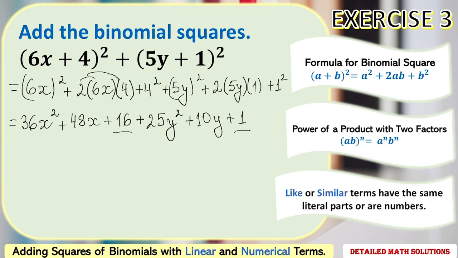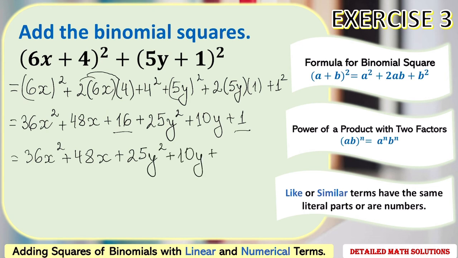So I'm just going to rewrite them and get 36x squared plus 48x plus 25y squared plus 10y. And then I need to add 16 and 1 and I get 17. I can't simplify this further, therefore this is the final answer for this exercise.